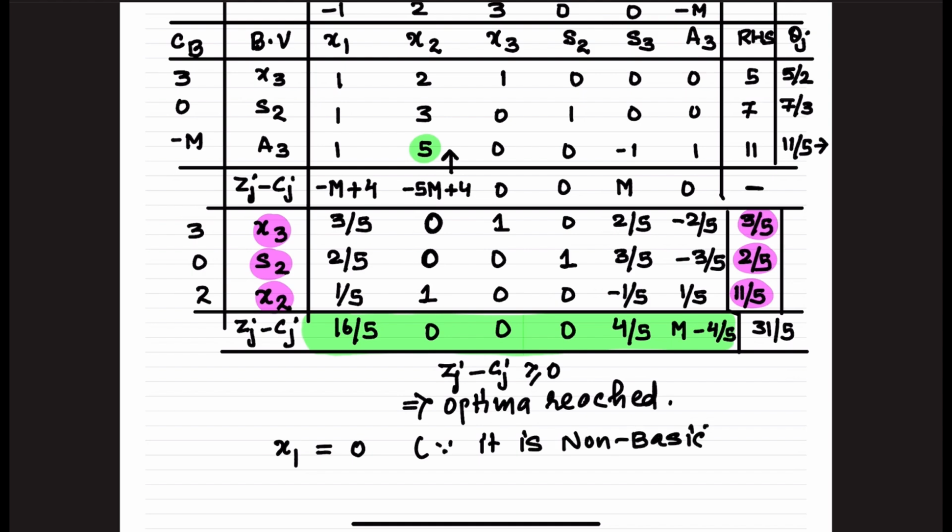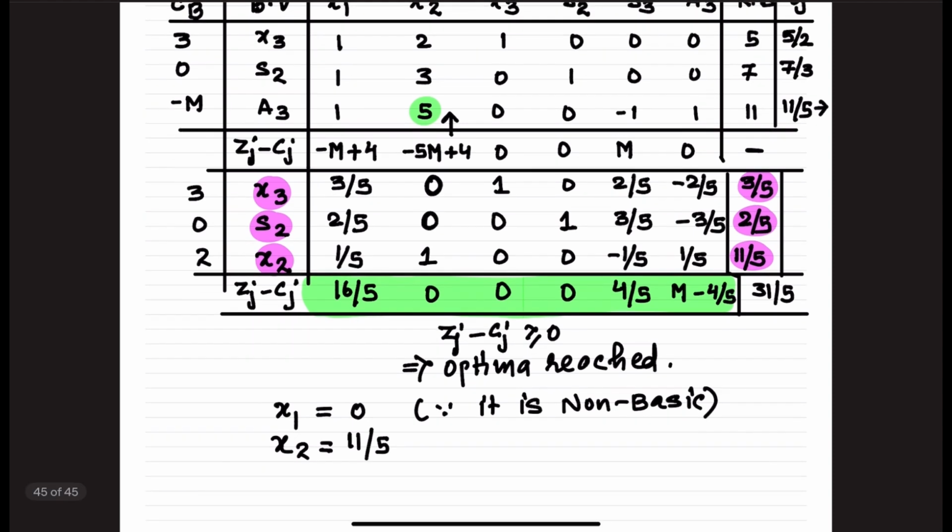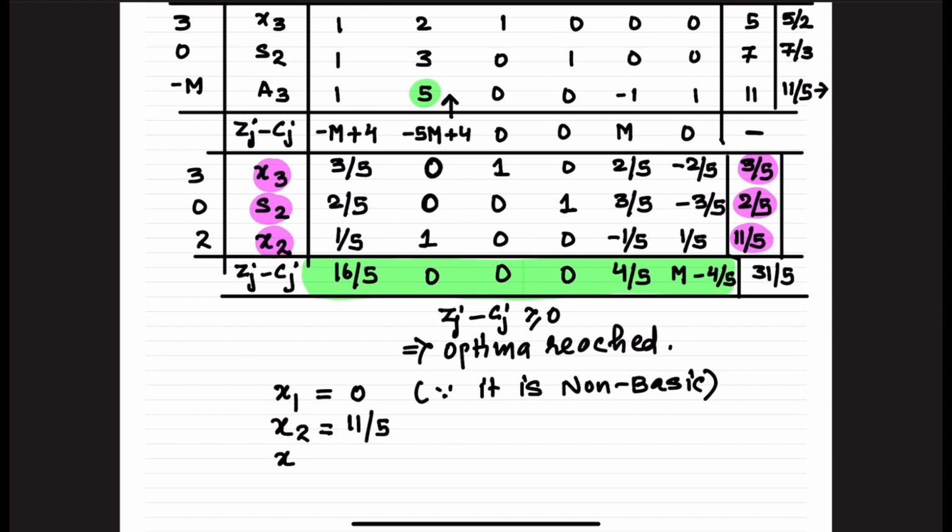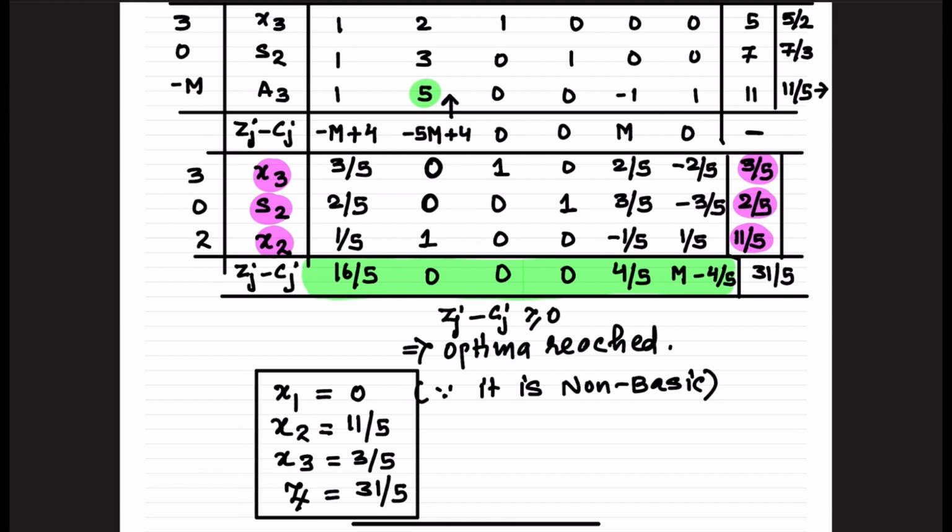Non-basic variables are by default at 0 level. x2 is 11 by 5. x3 is 3 by 5. Z value is 31 by 5. So this is the optima.